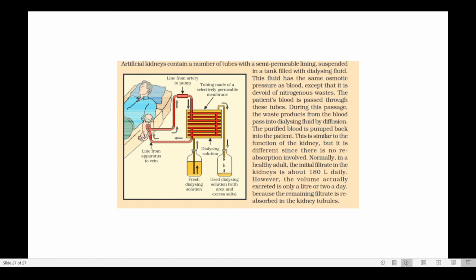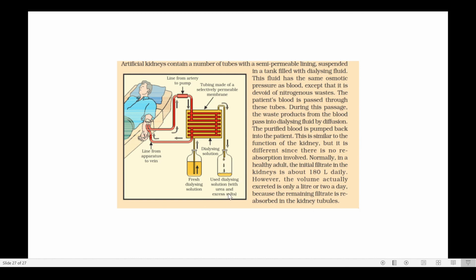Here is the picture taken from the NCERT book. Here you can see that there are two channels that have come out. One carrying the impure blood, that is blood with waste products, to a pump, and then this blood goes to the series of tubes which are bathed in dialyzing solution which has the same osmotic pressure as the blood, and then the impurities are deposited here.